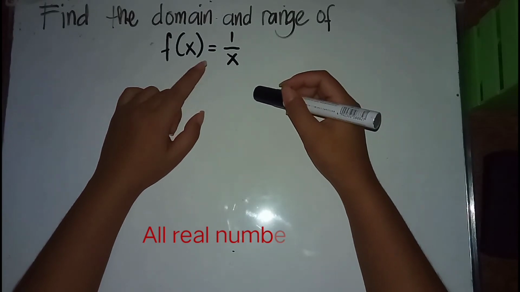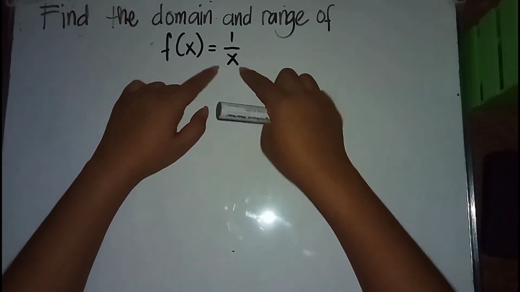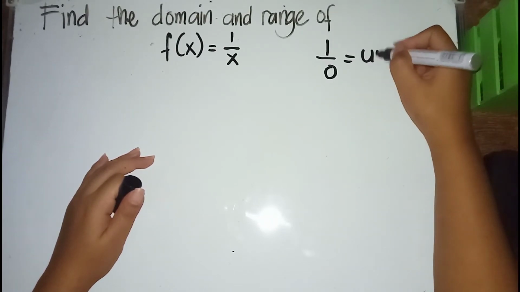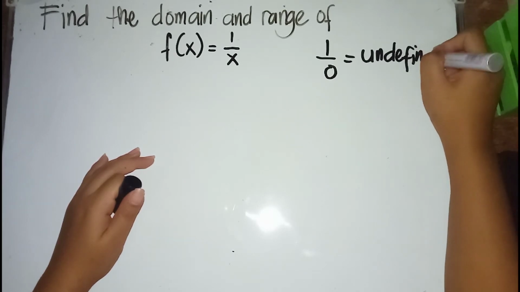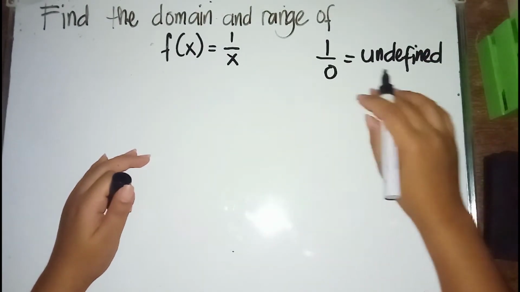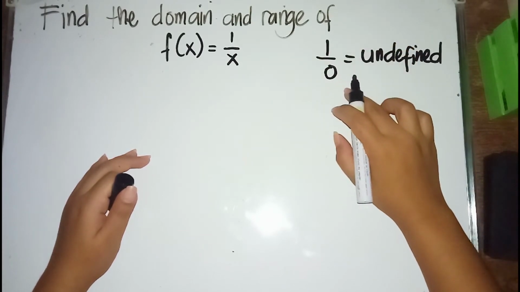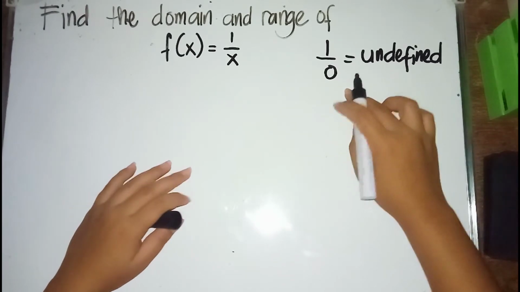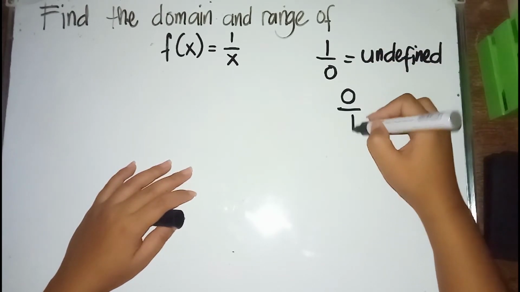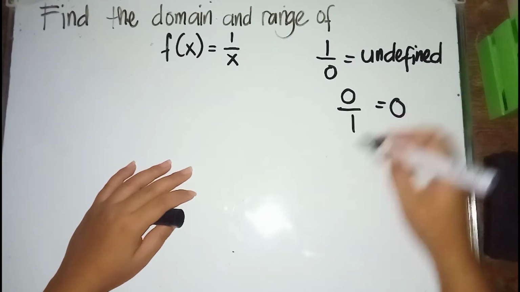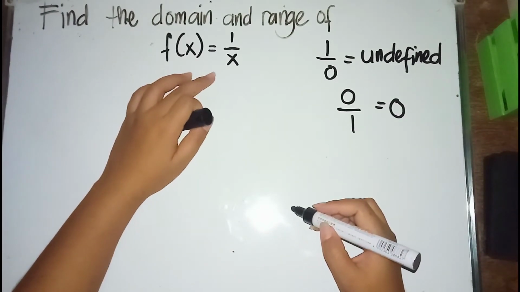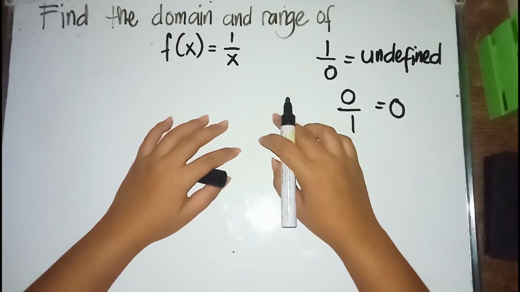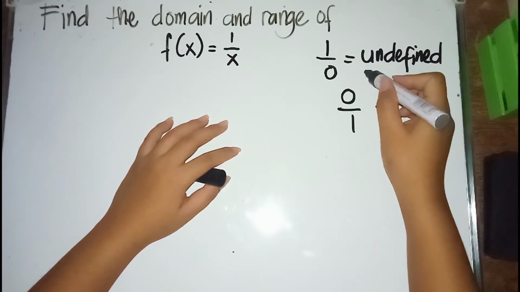Because if we let x be 0, 1 divided by 0 is undefined, or when we solve it in the calculator, 1 divided by 0 is equal to error. Okay? So 0 divided by 1 is equal to 0. So our domain and range would be all real numbers except 0.